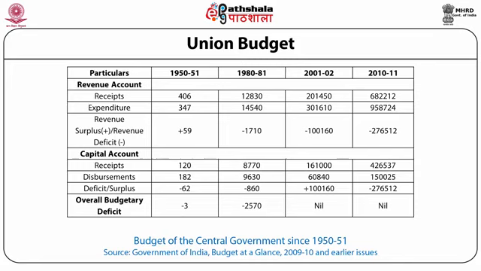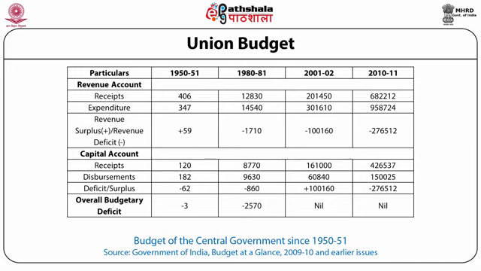Whereas disbursements, which were 182 crores in 1950-51, rose to 1,50,025 crores in 2010-2011. And as we can see, in 1950-51 the capital deficit was 62 crores and it increased to 2,76,512 crores in 2010-2011.